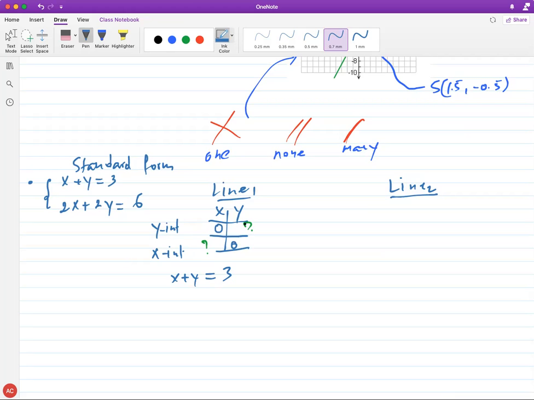To find the missing number here, we know the x, which is 0, but we don't know the y. So we plug the x in here, so it'll be 0, and we find y after we substitute, so y equals 3. As you can see, 0 plus y is y, so y is 3. So the missing number here is 3.